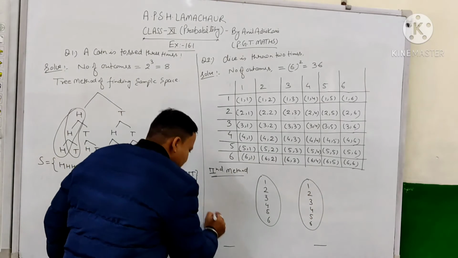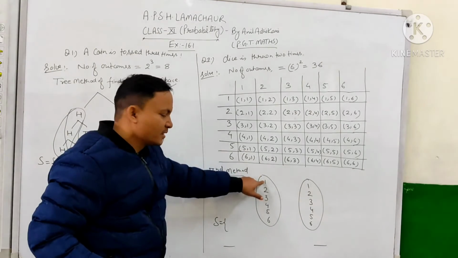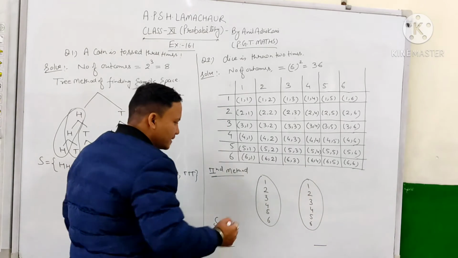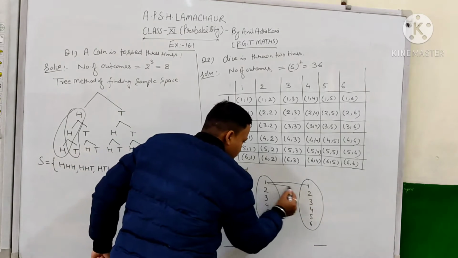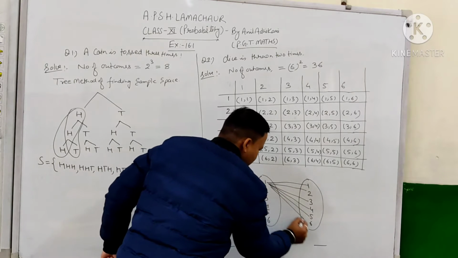Now to find the sample space, starting from the very first 1, associate 1 with each individual of the 6 numbers in that manner: 1 1, 1 2, 1 3, 1 4, 1 5, 1 6.